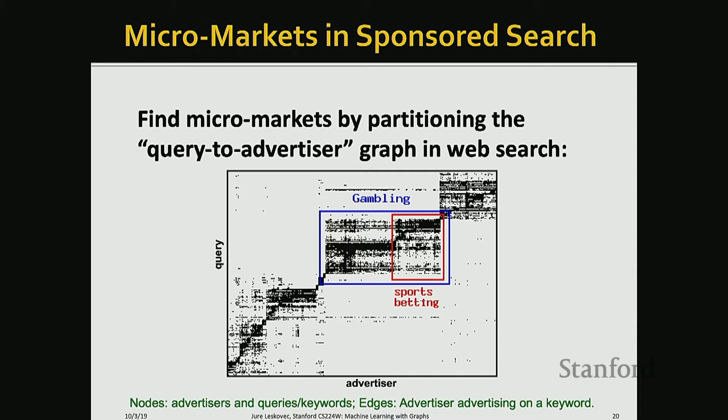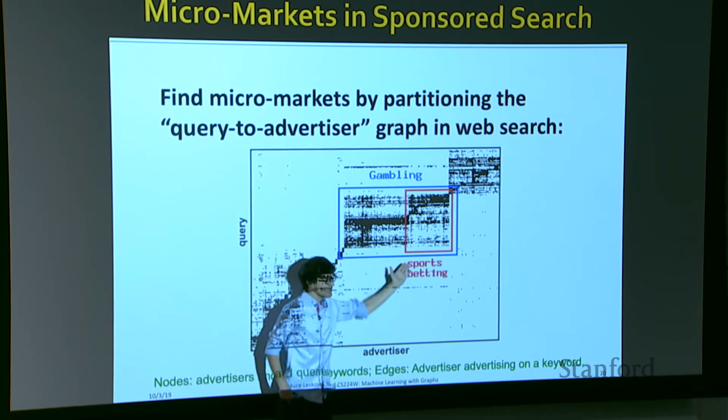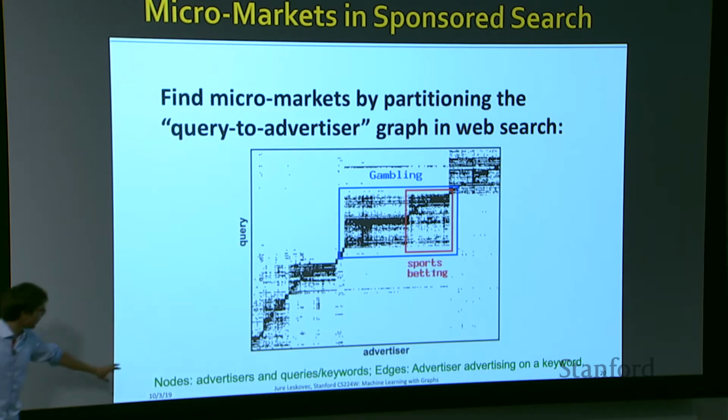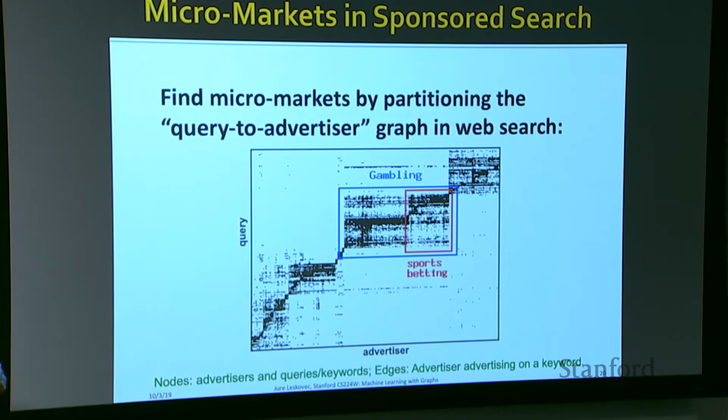And you can think of this as a bipartite graph, and you can think of identifying tightly connected clusters in this graph, which would mean finding groups of advertisers that are interested in bidding on the same queries, right? And if you do that, you start identifying groups of advertisers that are interested in the same area. This, I think, was work coming out of either Google or Yahoo, okay? So that's another way you can think about it.